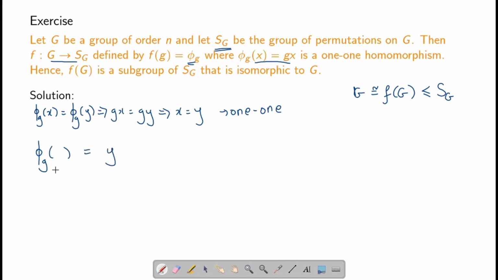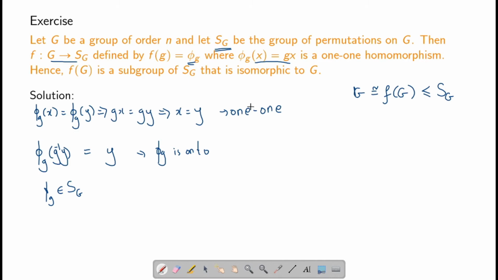A clear way of doing that is taking g inverse y, because g times g inverse y will be y itself. So therefore this tells me that phi_g is onto. So since phi_g is 1-1 and onto, phi_g is in S_G. So this f is a well-defined function.